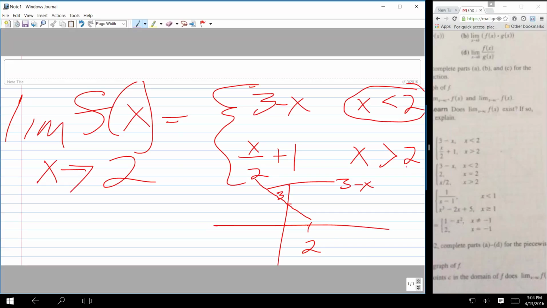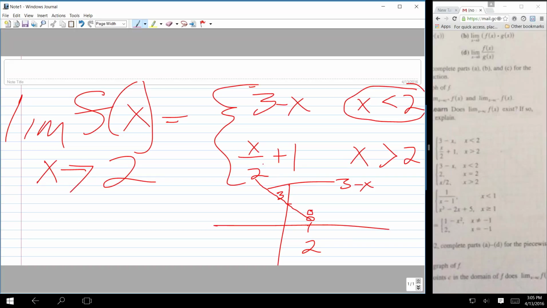To figure out where we should start, let x equal 2. When x is equal to 2, the first function is 1 and this function is 2, and they're both open circles.